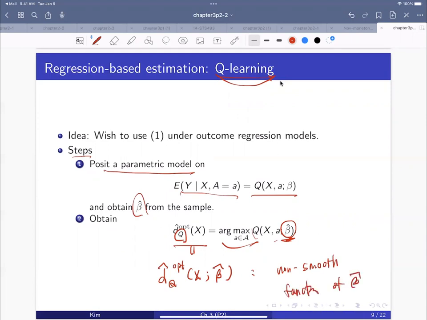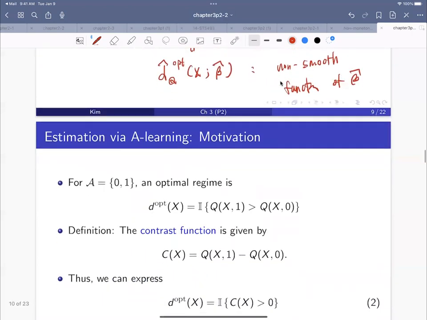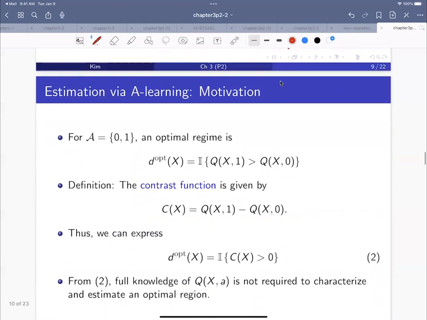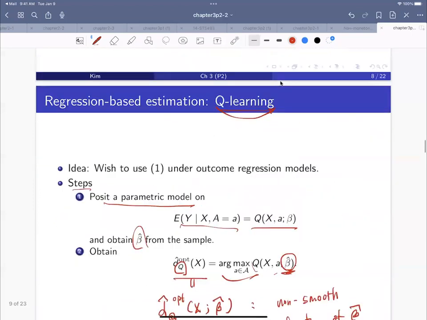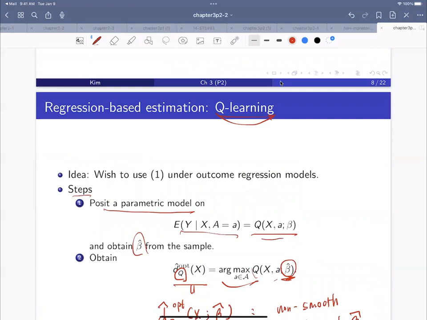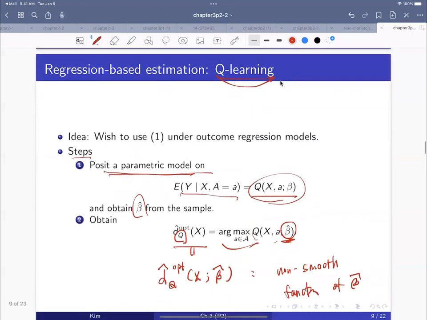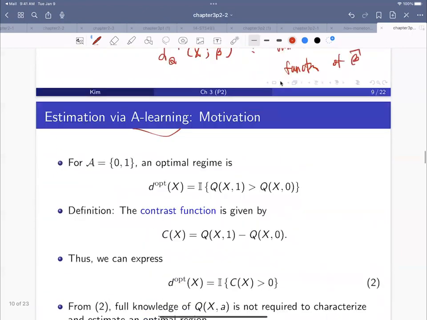So you cannot really apply a linearization technique directly for inference. Now let's move on to A-learning. Obviously this Q-learning requires that this model is correct, the model for A equal to 1 and the model for A equal to 0, and so maybe it's a little bit too strong.